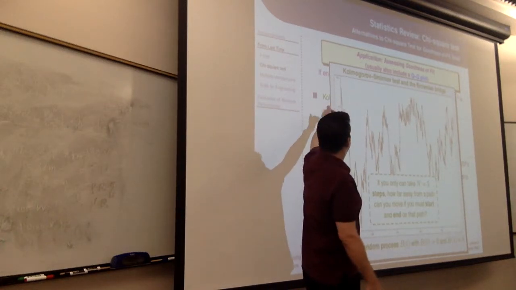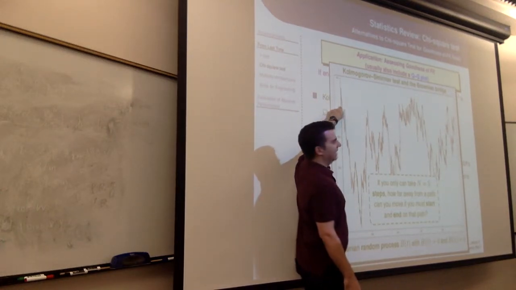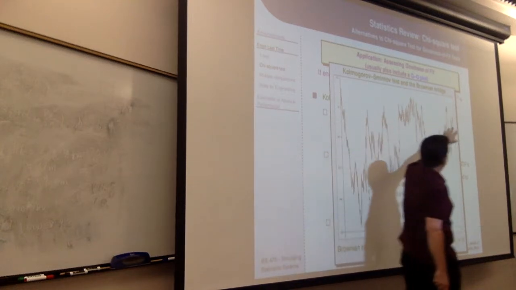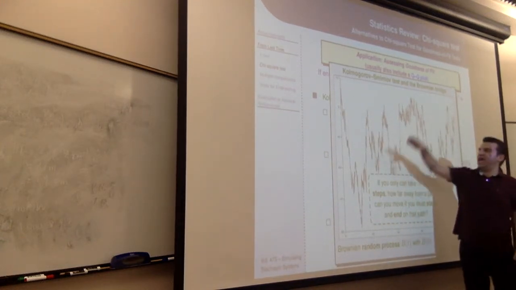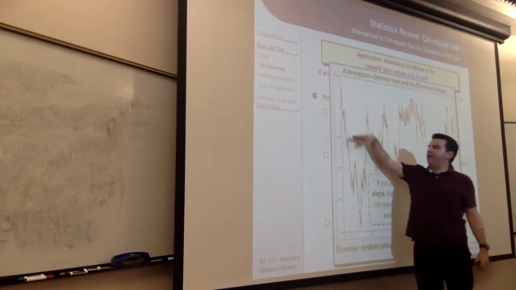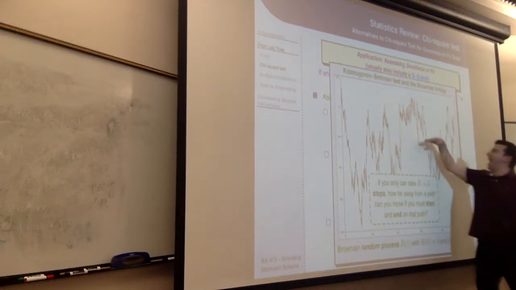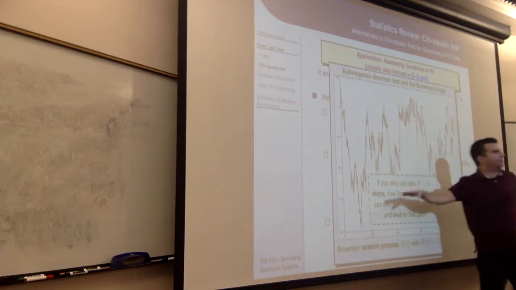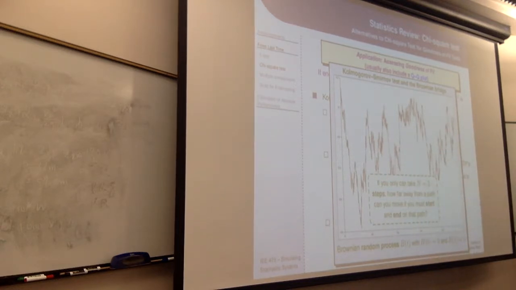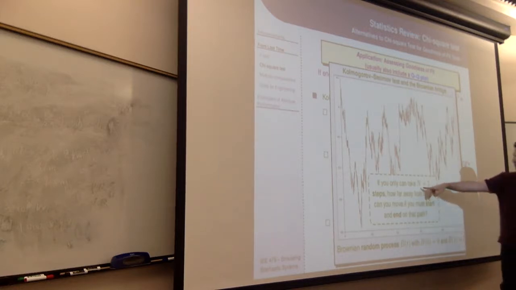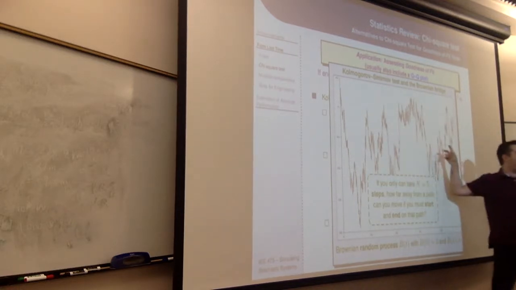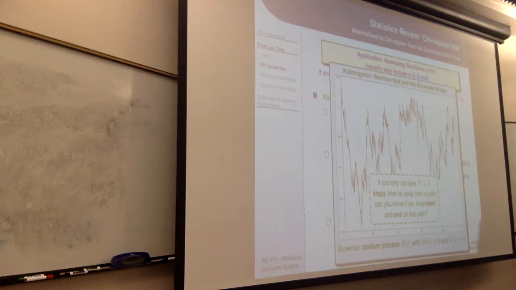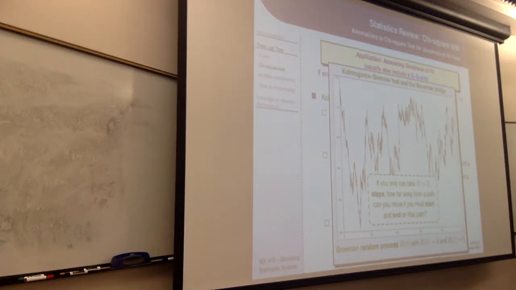A Brownian Bridge is this idea that if I start at 0 and I end at 0, but I'm allowed to stray and follow a random path, given that I have to end at 0, how far away could I get while straying? And it turns out that we can mathematically define that. So if you say, well, you can only take 5 steps on your path, how far could you possibly get away, given that you need to start and end in the same place?